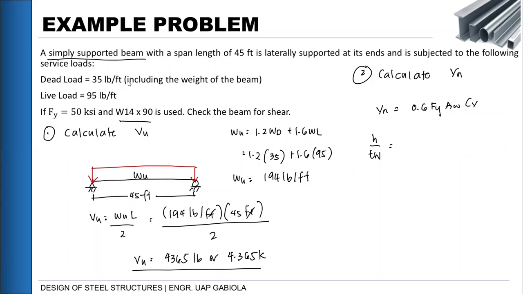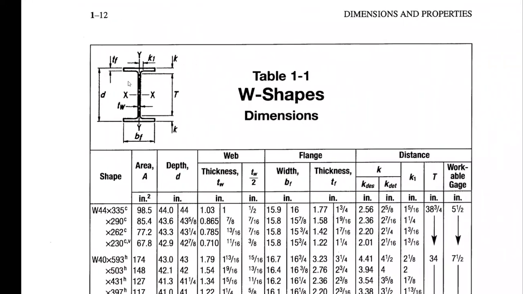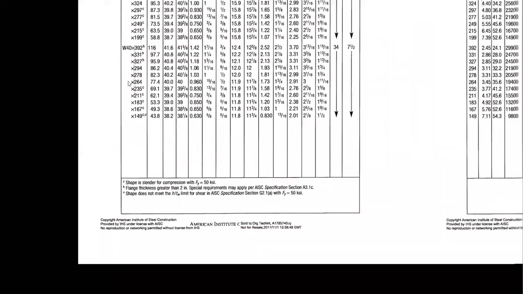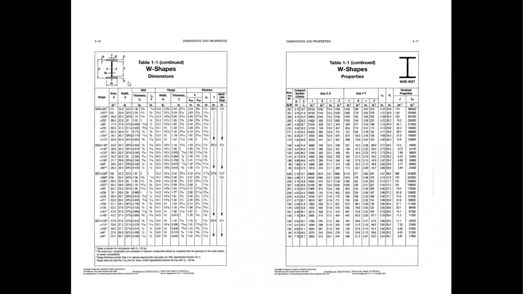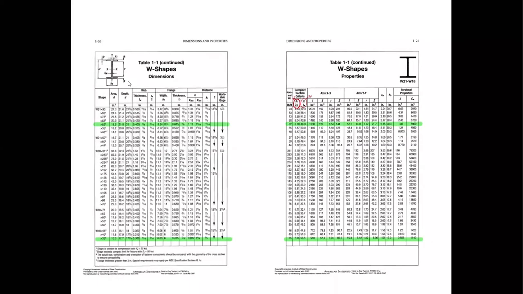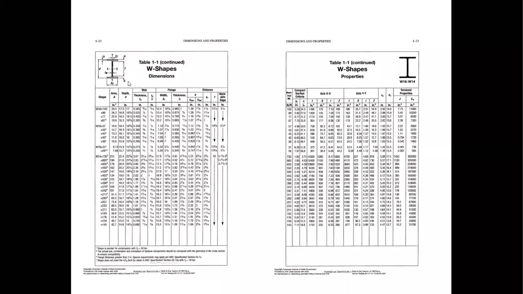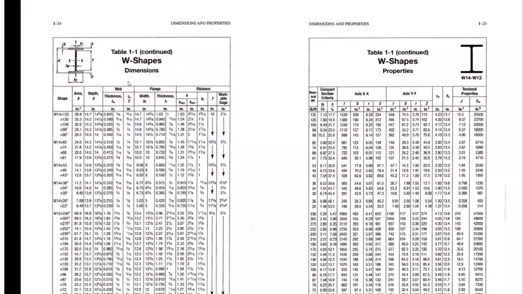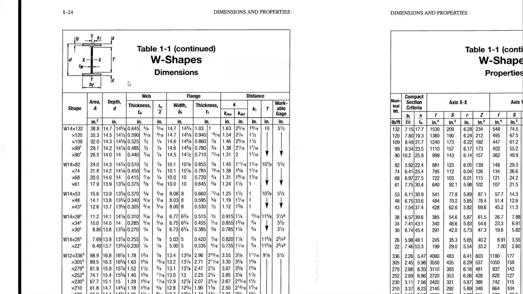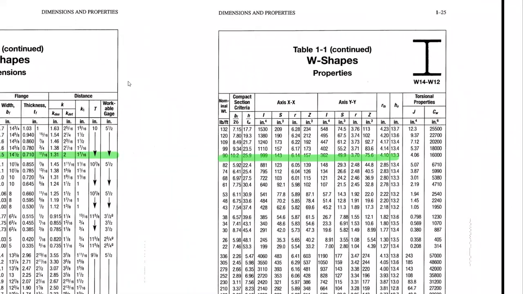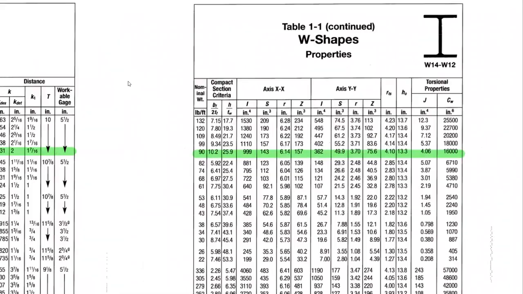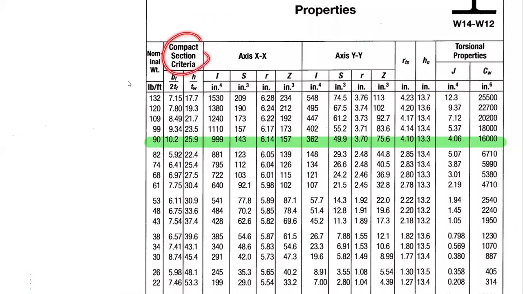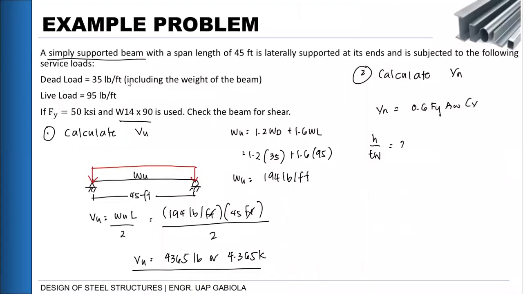So looking at our W-shaped table, 14 by 90 is somewhere, let's see kung nasaan, 14 by 90. Okay? Ayan. So this is 14 by 90. Okay. So kailangan natin is yung H over Tw muna. So ito yun, 25.9. So going back dito, we have 25.9.